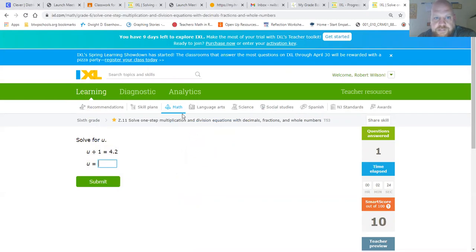Okay, so again, the first thing I'm going to do is I'm going to copy down the equation. So U divided by 1 equals 4.2. I make my T-chart.